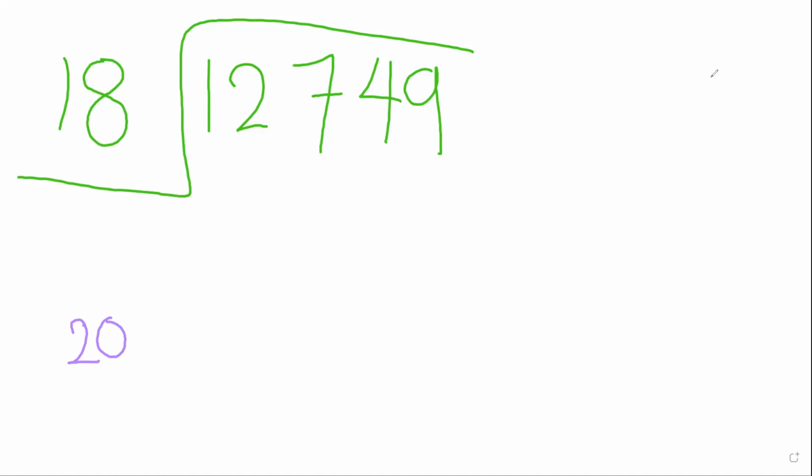And then 12,749. I want you now to estimate this number in order that it can be easily divided by 20. Yes, Fatima, can you try to estimate 12,749?